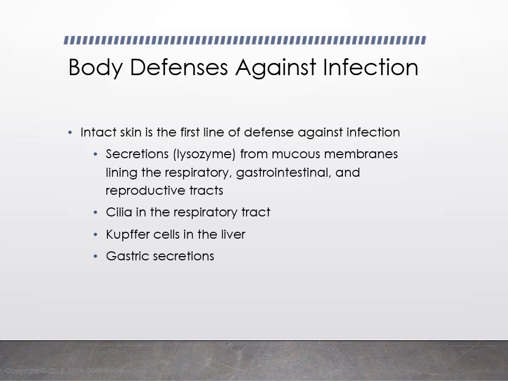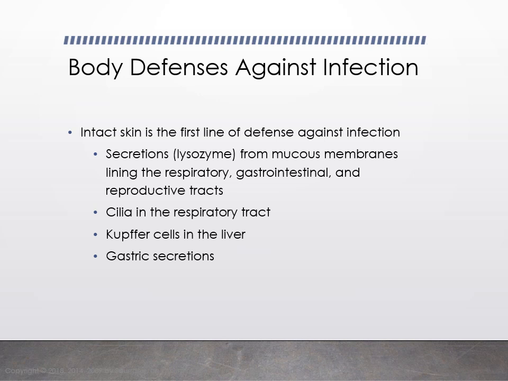Secretions or lysosomes from mucous membranes lining the respiratory, GI, and the reproductive tracts. This is another defense agent. There's also cilia in the respiratory tract. So cilia lines the respiratory tract. It can help trap microorganisms and debris and propel them up and out of the body with a wave-like action, so it's also protective.